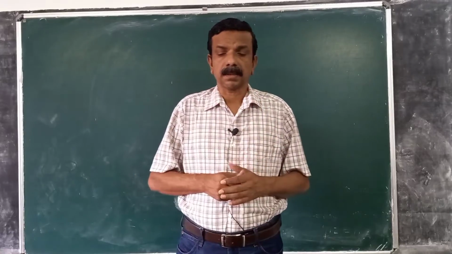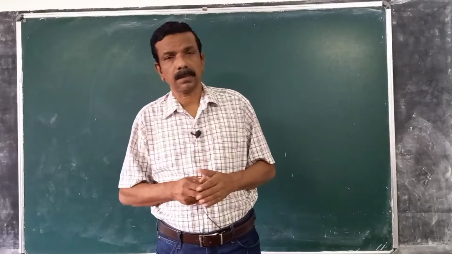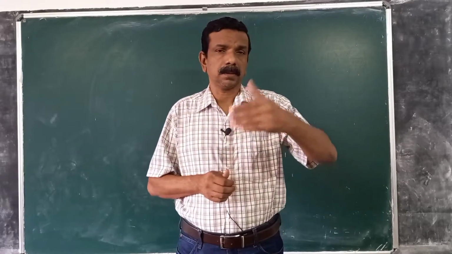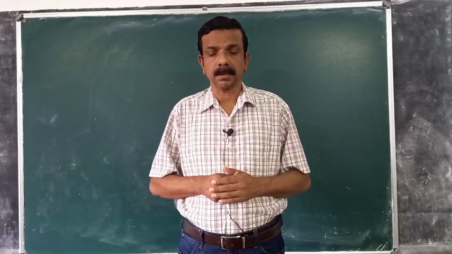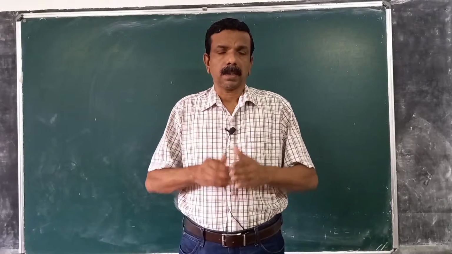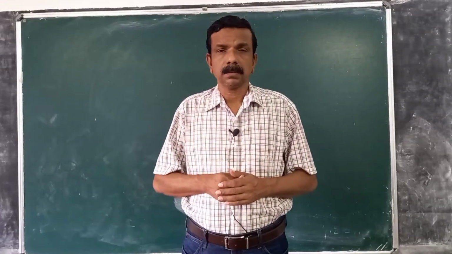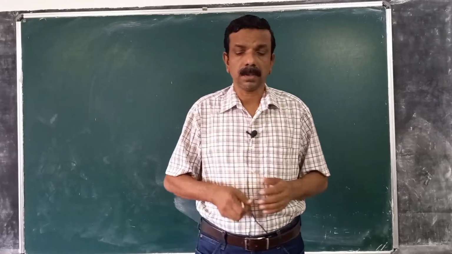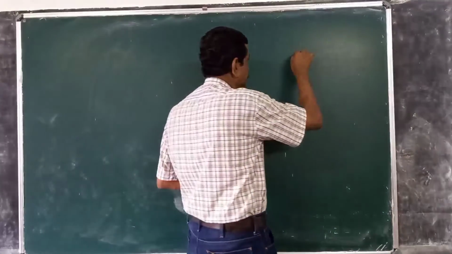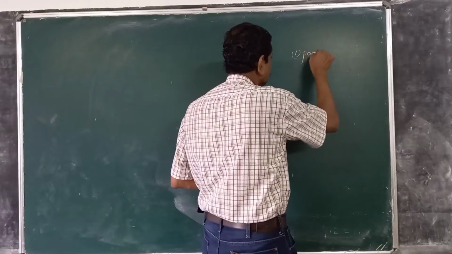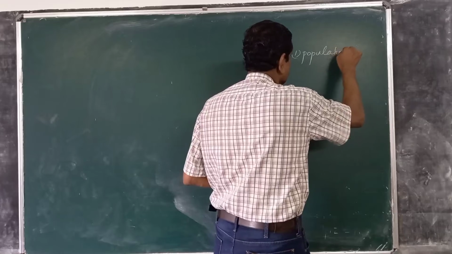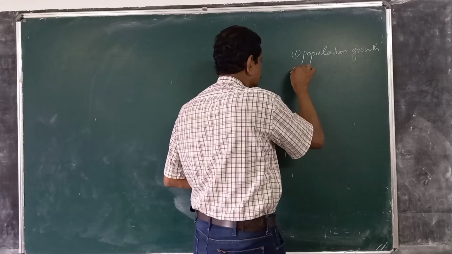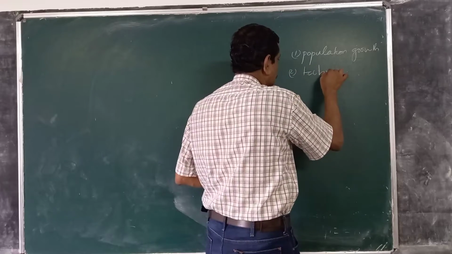Now, to explain sustained growth that we observe in the real world, that is growth in national income and also per capita income, we have to expand the Solow model to incorporate two other sources of growth. One is population growth. The other one is technical progress.